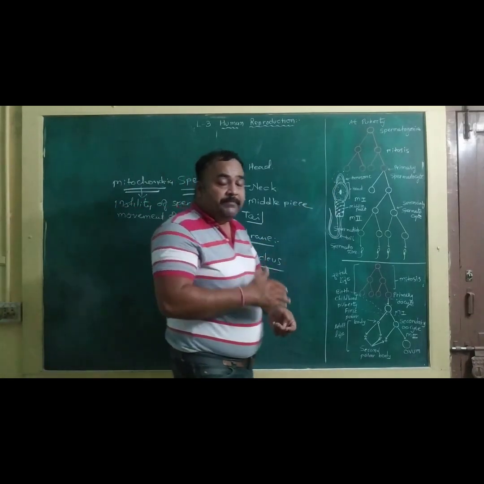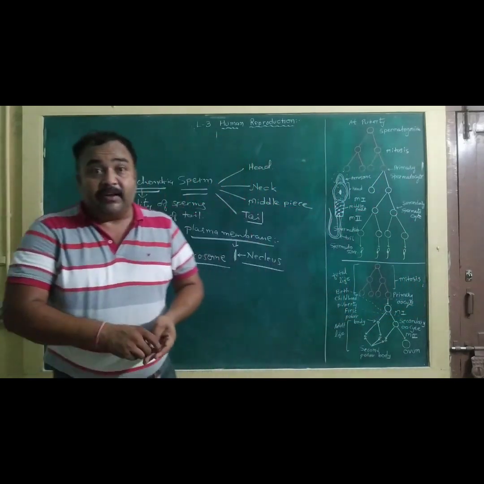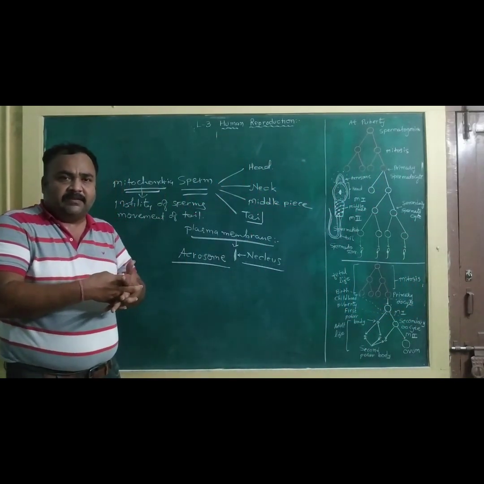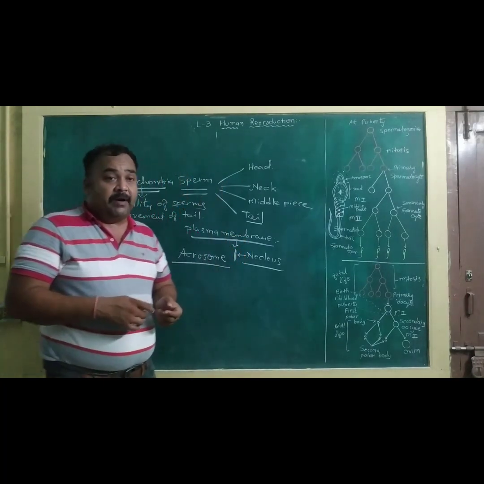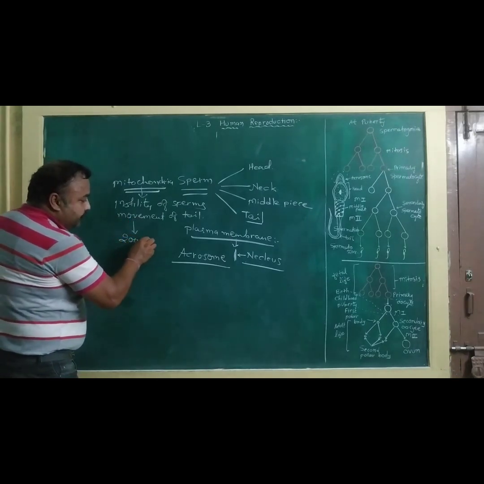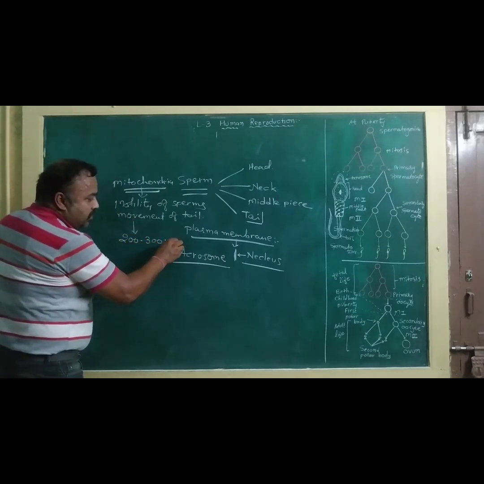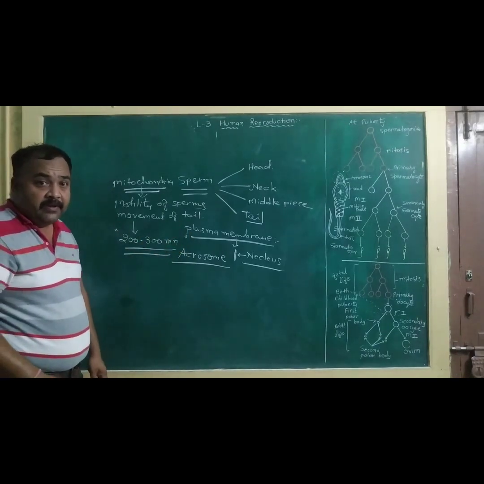Now, when the sperms are produced, at the time of ejaculation, that means during coitus, the penis of male ejaculates the sperms, and there are about 200 to 300 millions of sperm present in every ejaculation.